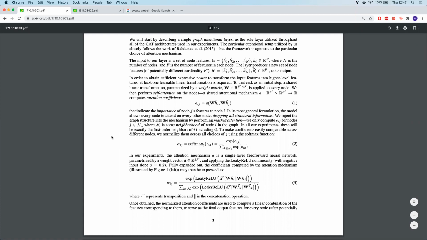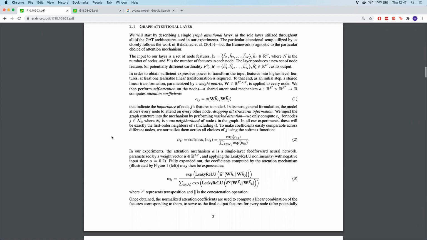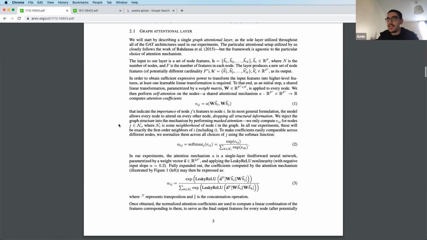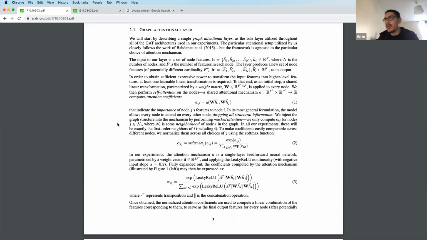Okay, let's talk about the attention mechanism that's used in this paper. So there's no query, key and value matrices. It's quite simple.